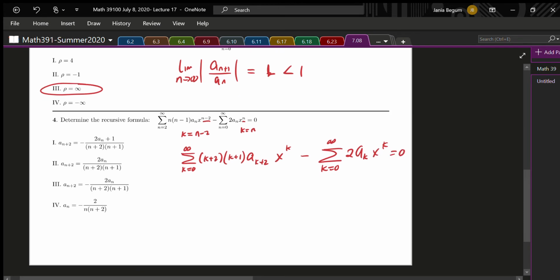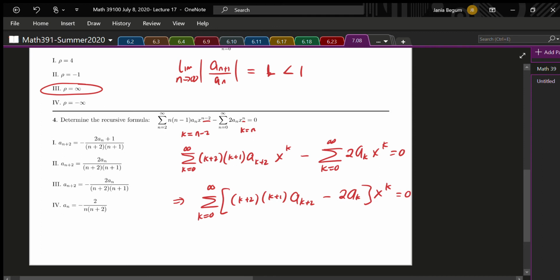And now we just group them together and try to solve for a sub k plus 2. So we have the sum starting from k equals 0 to infinity, k plus 2, k plus 1, a sub k plus 2 minus 2 a sub k x to the k equals to 0.